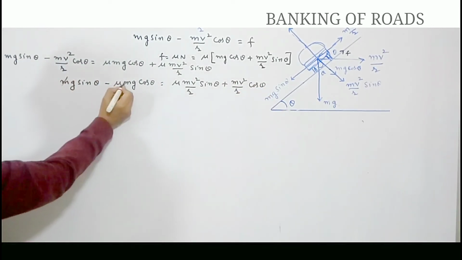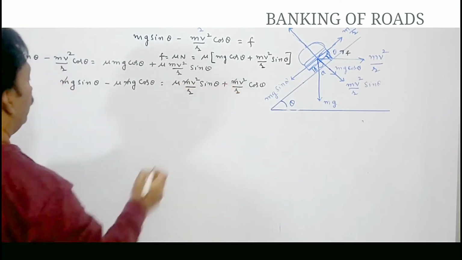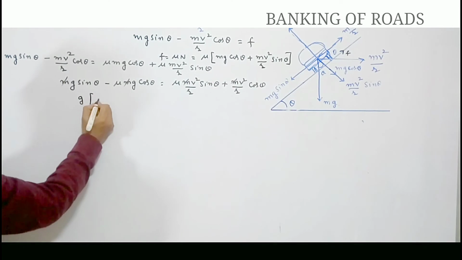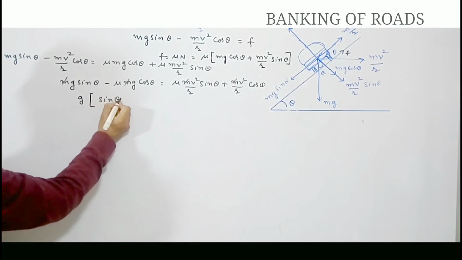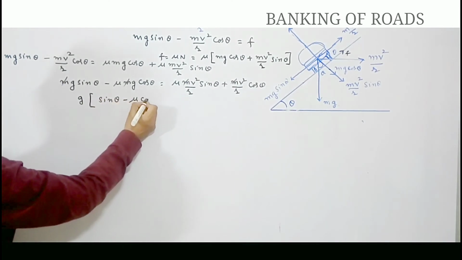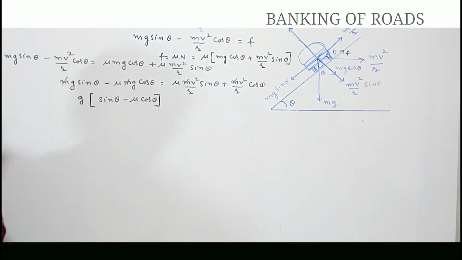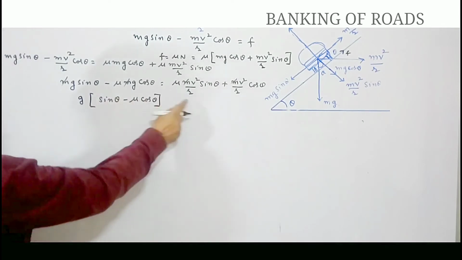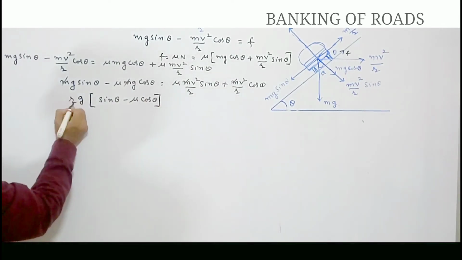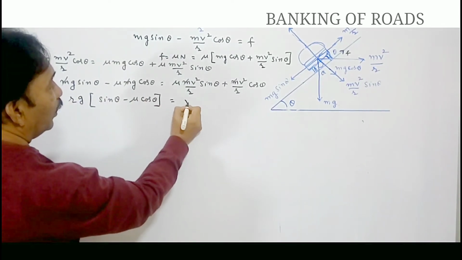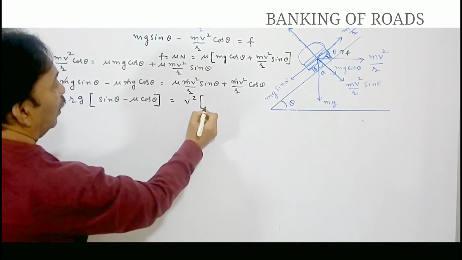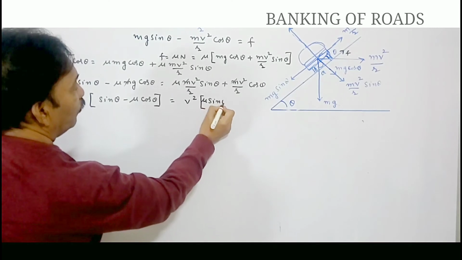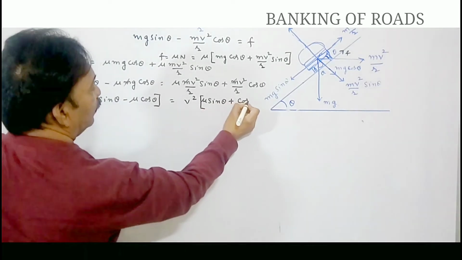Here all the m's get cancelled, and what we get is g of sin theta minus mu cos theta is equal to, I am bringing the r here, it is rg, v square of mu sin theta plus cos theta.